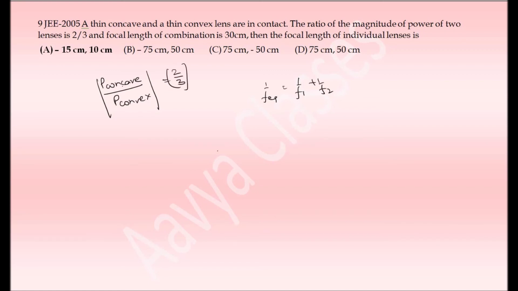Again, you have to follow the order which is written in the problem, that is the ratio of magnitude of power of two lenses, and in the problem first the concave lens is written and then the convex lens. So you have to take the ratio of power of concave lens and convex lens.